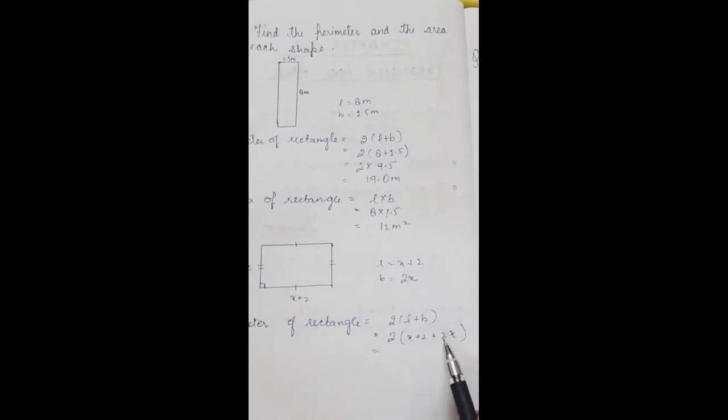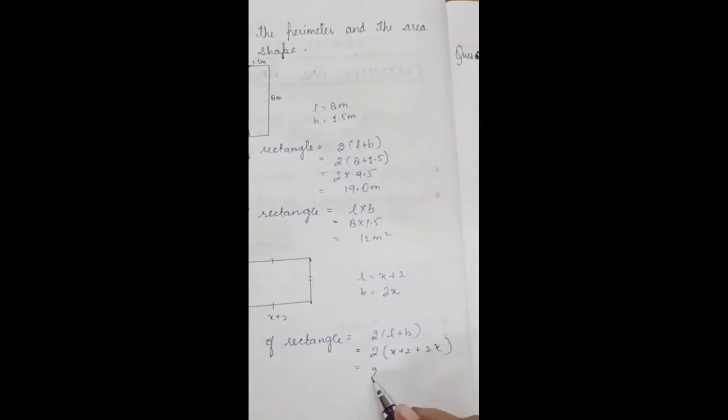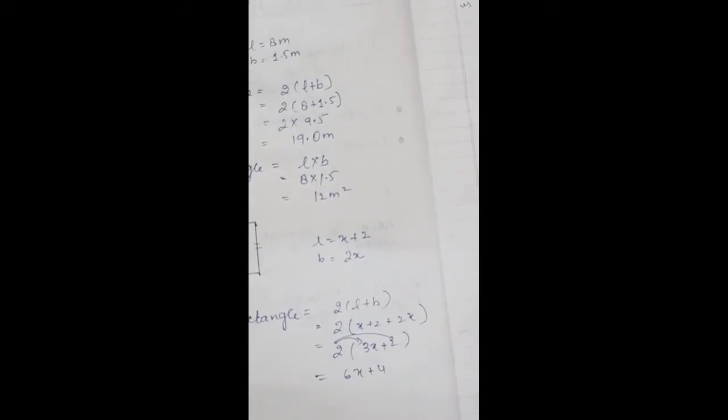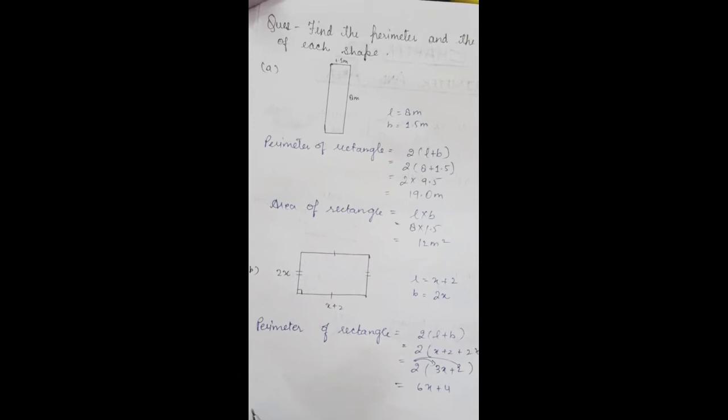So we add the like terms. You have studied in the previous chapter, right? So here we get 3x plus 2. Now we multiply 2 by each term within the bracket. So here we get 6x plus 4. So this is perimeter.